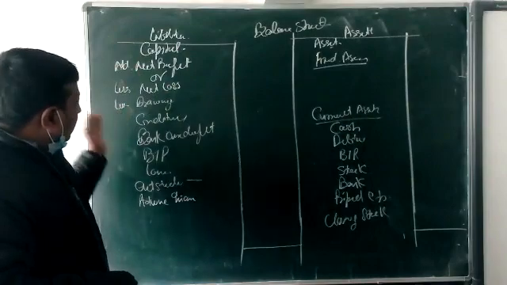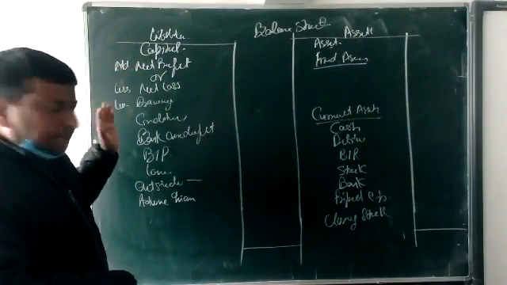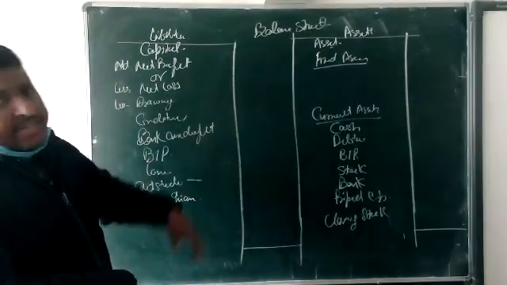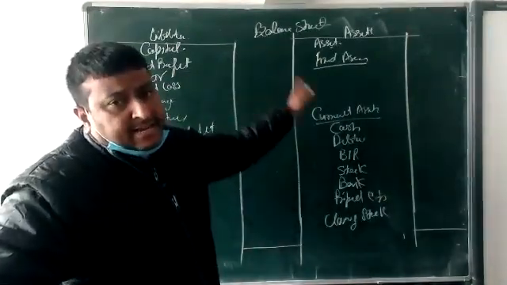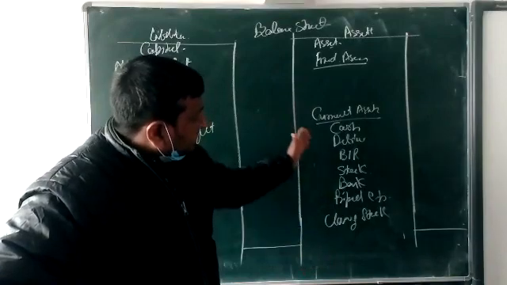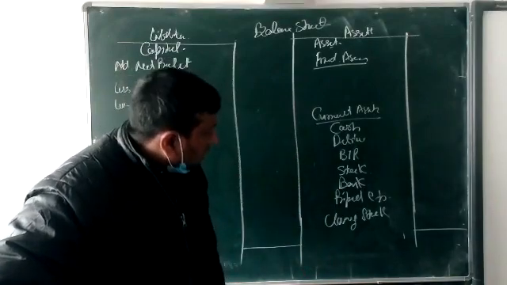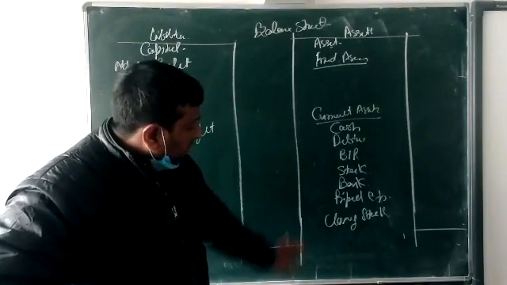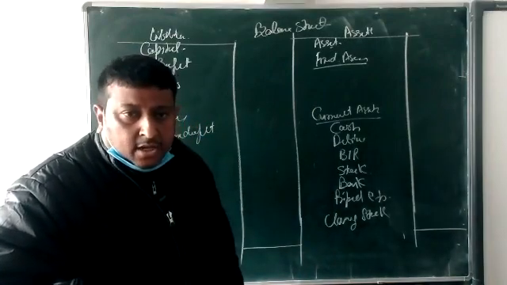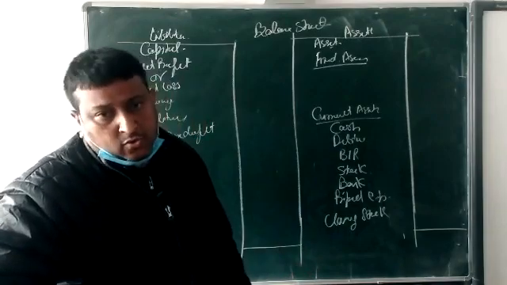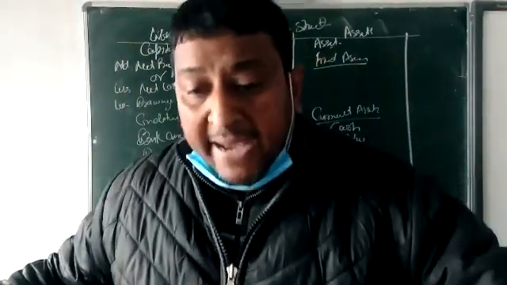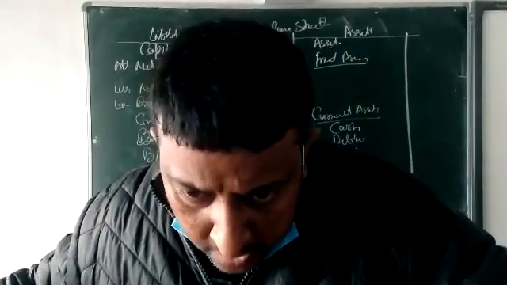Then creditor, bank overdraft, bill payable, any type of loan, then outstanding and advance income. Fixed assets: land, building, plant, machinery on that side. Then these assets: cash, debtor, bill receivable, stock, bank, prepaid expense. These are put on the asset side, and then both sides will come equal. Okay, beta? In this way, we are going to maintain the balance sheet. Okay? Clear?